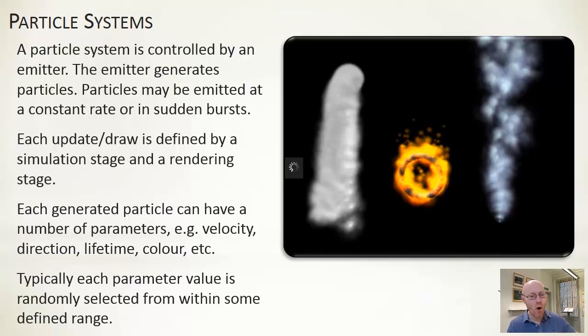Because we have this randomness, if we're smart about the number of particles that we use, how we arrange them and the values that we pick, we can then simulate these effects. So it's nothing more than a semi-random collection of particles, get a lot of them, and then we perceive them as being of a certain effect. And we'll see that when we have a look at the demo.